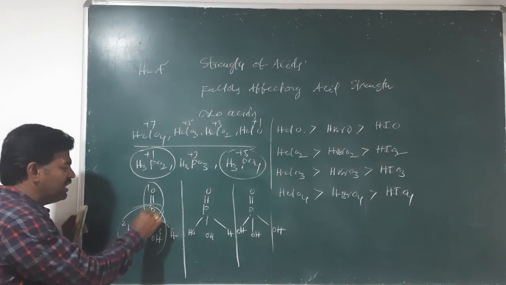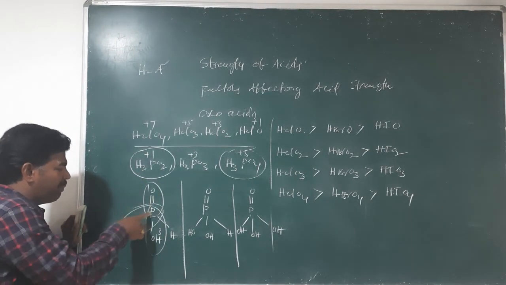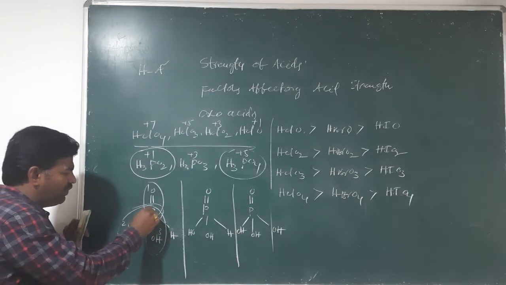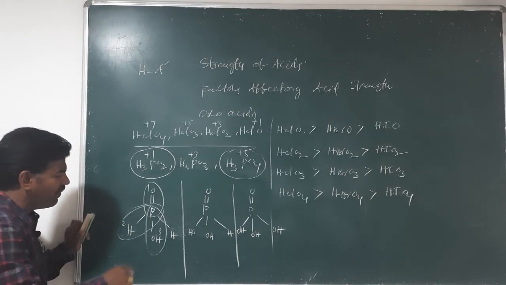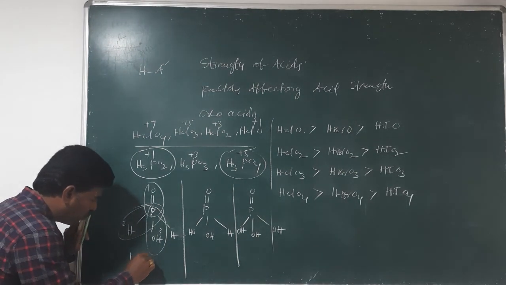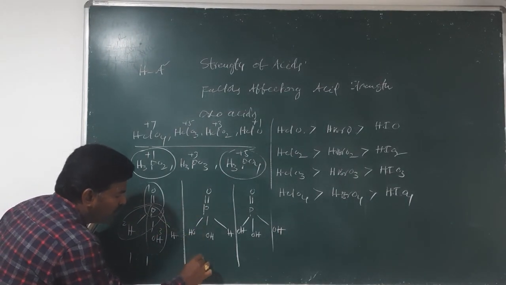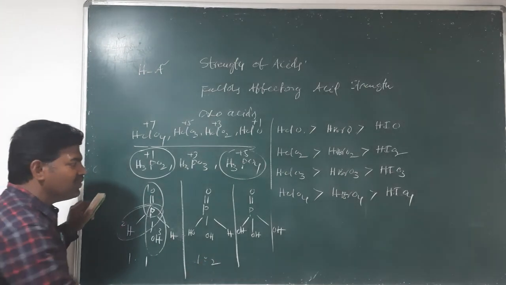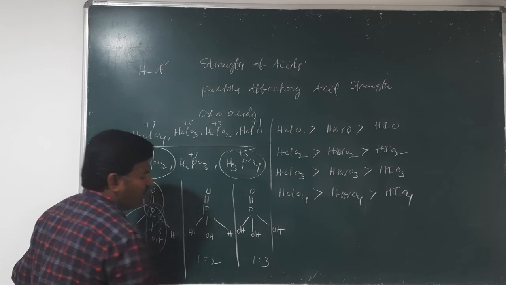In H3PO2 there are three types of groups: PO group, PH group and POH group. In the structures of oxy acids of phosphorus, you can find one PO group and one POH group, then one PO group and two POH groups, that is 1:2, and only one PO bond and three POH groups, that is 1:3.